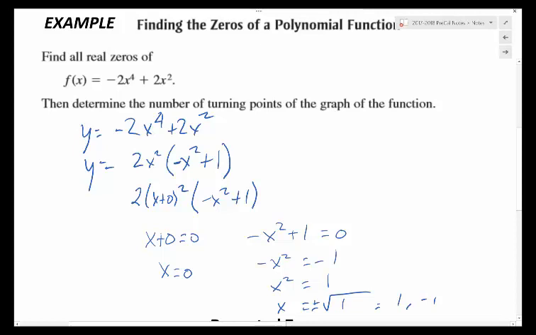So each of these is a factor of the equation. They are real zeros of the equation, which means each of them is a turning point. So there are 3 turning points.